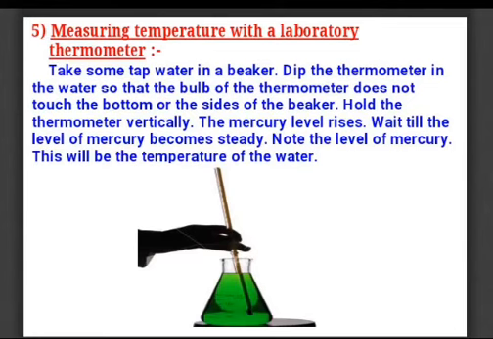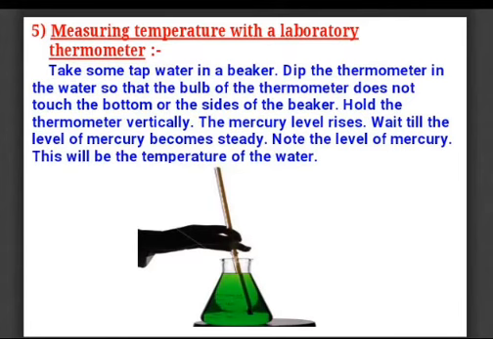For measuring temperature with a laboratory thermometer, we can do an activity. We take tap water in a beaker and dip the thermometer in the water so that the bulb of the thermometer does not touch the bottom. We should not let the thermometer touch the bottom or side of the beaker.